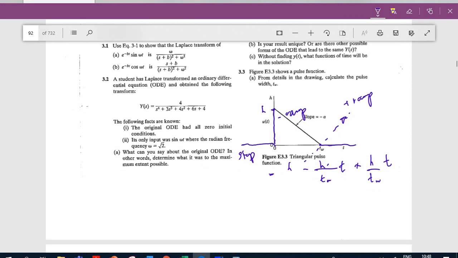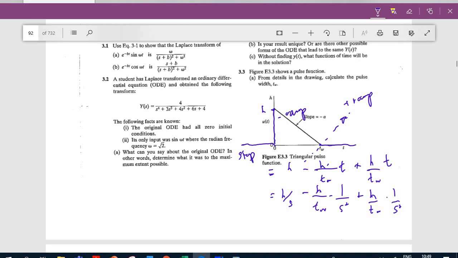If I want to put that in the S domain, that will be H over S minus H over TW times 1 over S squared plus H over TW times 1 over S squared. So that is the kind of solution we try to find. Okay, so this is what we have.